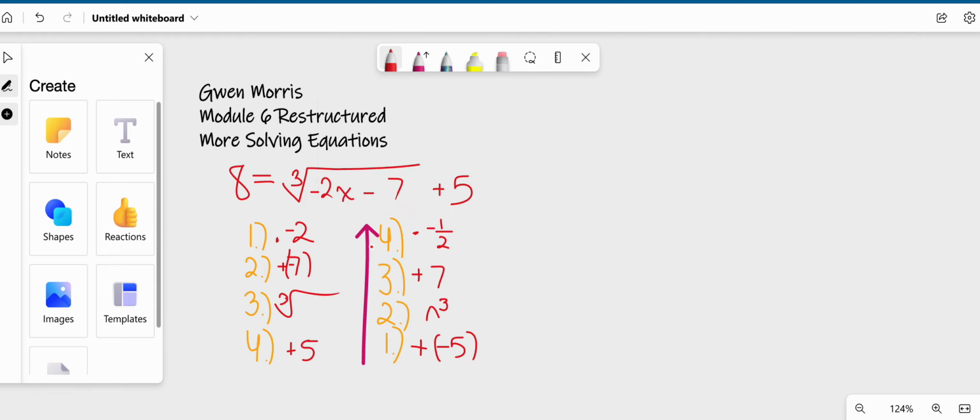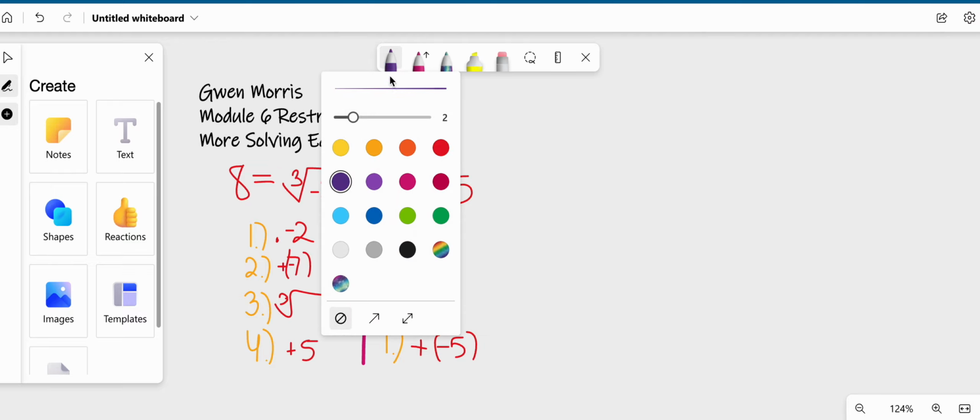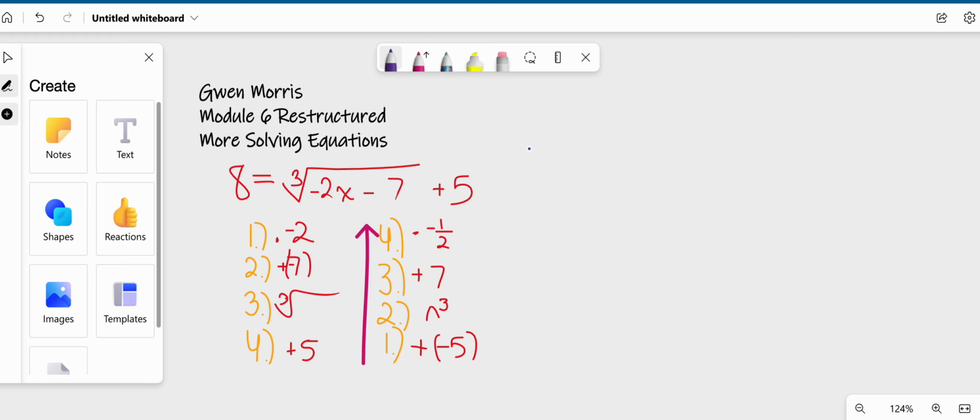Now I'm going to take this 8, and in purple, do these inverse operations with the 8, starting down here with the plus negative 5, so I can find my solution for x.